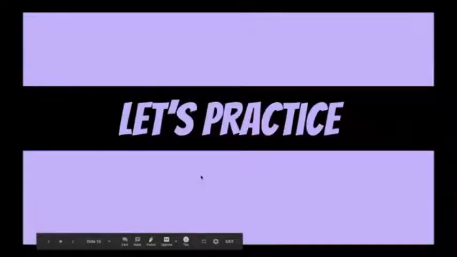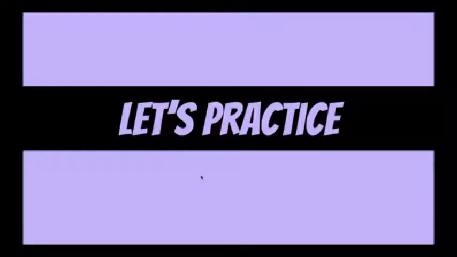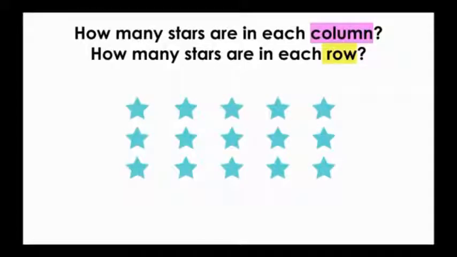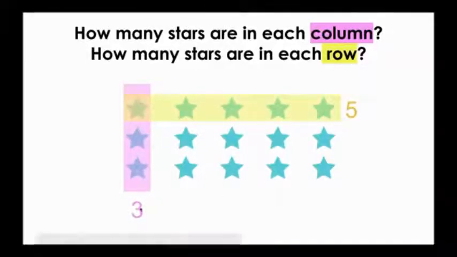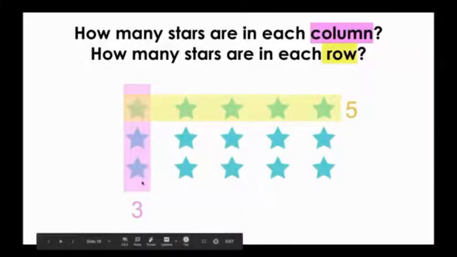Now let's practice some on our own. I hope you have a whiteboard or a piece of paper ready to write some things down. How many stars are in each column? How many stars are in each row? I'm going to give you a second to think about this. For some help, remember, a column goes up and down, and we have 3 stars in each column.